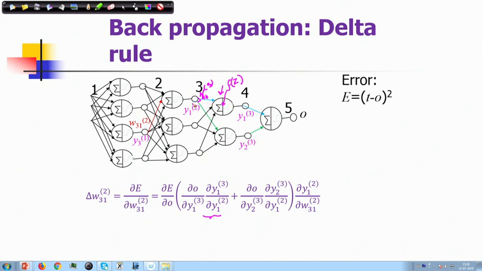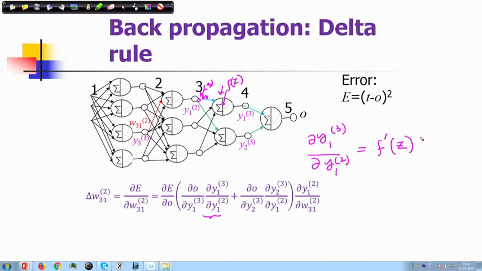So, y 1 2 is scaled by W 1 1 2, and then it contributes to the net input, which in turn determines y 1 3. So, we can write delta y 1 3 over delta y 1 2 as f dash z, that is also at that point.